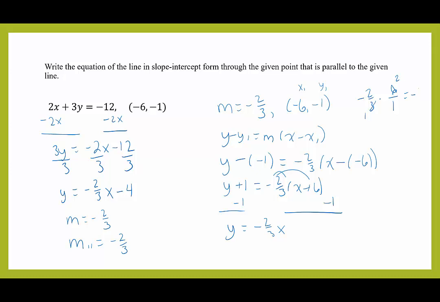Negative 2 times 2 is negative 4/1, which would be negative 4. So now I have minus 4 minus 1 because I subtracted 1 from both sides. Final step, y equals negative 2/3 x minus 4 minus 1, minus 5. So this is the line. It should have the same slope as our given line, which it does. Different y-intercept, which it barely does. Whoa, it was so close. y equals negative 2/3 x minus 5.